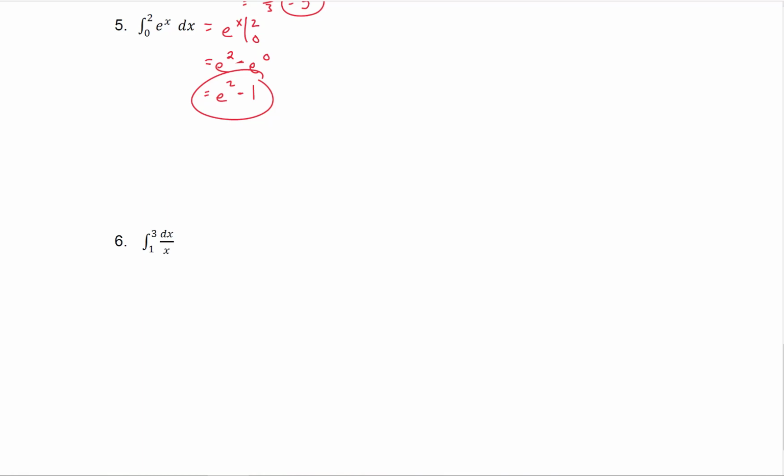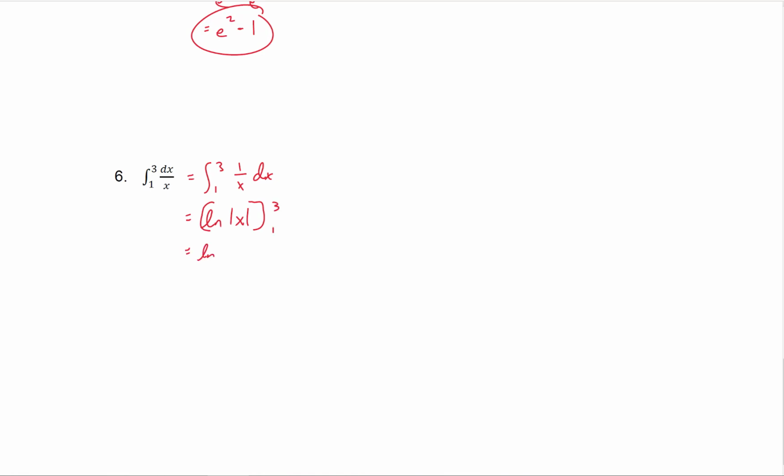All right, and one more example. The integral from 1 to 3 of dx over x. You can think of this as the integral from 1 to 3 of 1 over x dx. So let's think about our process here. The antiderivative is just going to be finding the function whose derivative is 1 over x. In this case that's going to be natural log absolute value of x. And we're going to evaluate that from 1 to 3.